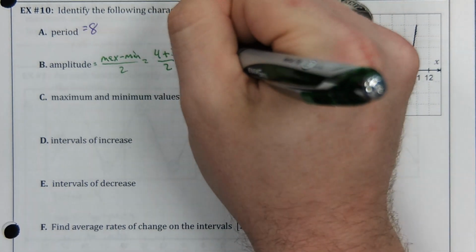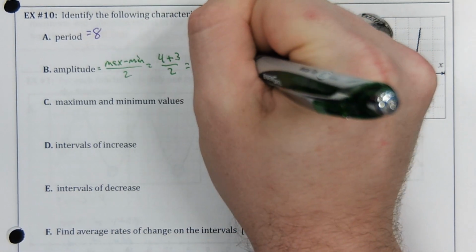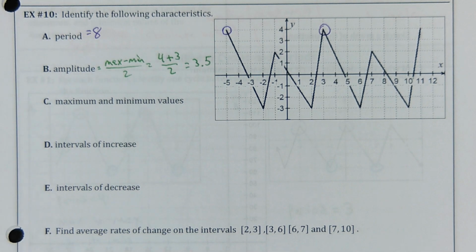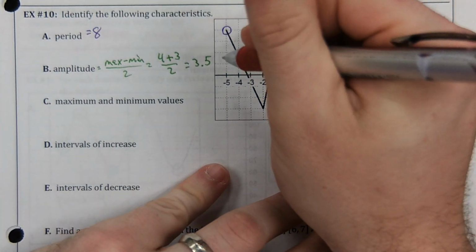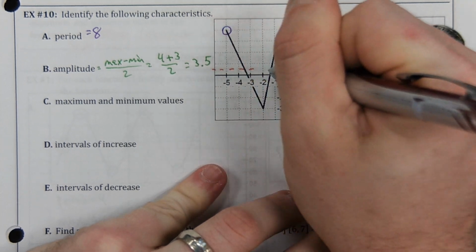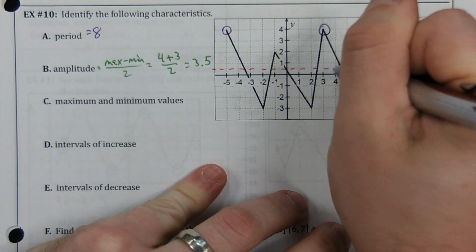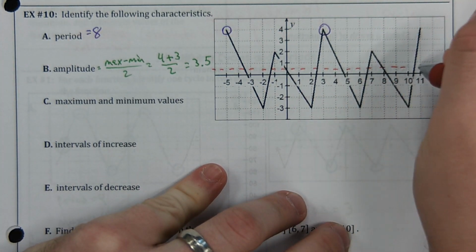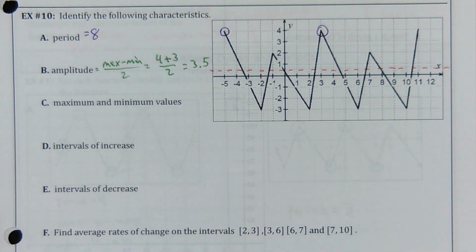Gives us an amplitude of 3.5. Awesome. If you cared, that means the middle of your graph is 3.5 down from the number 4. So the middle of your graph, which, again, I've told you this word a little bit ahead of time, it's called the midline, is at y equals 0.5.